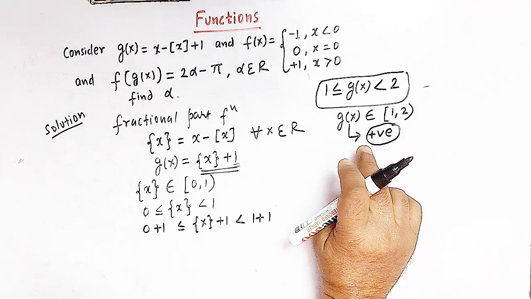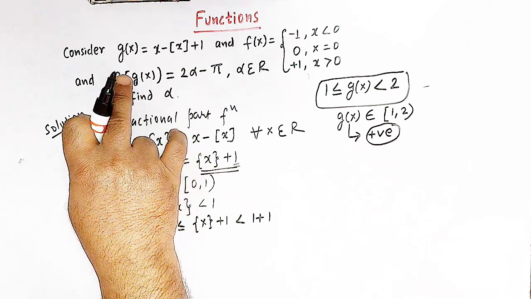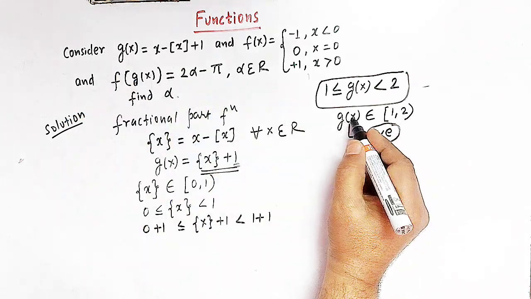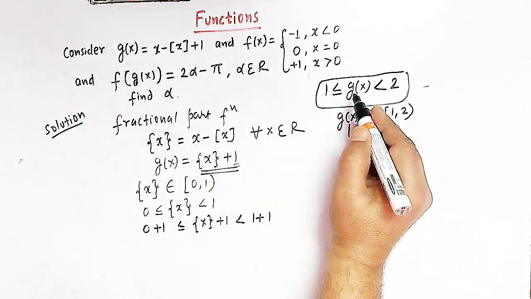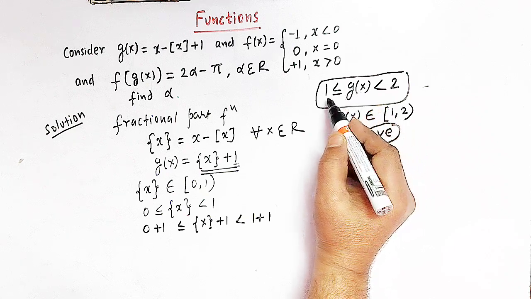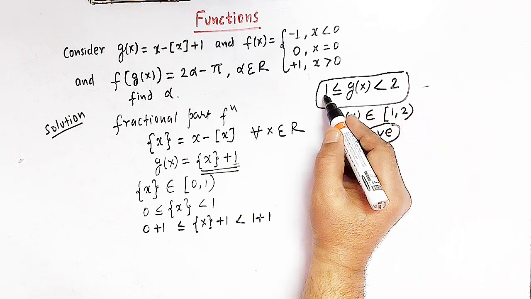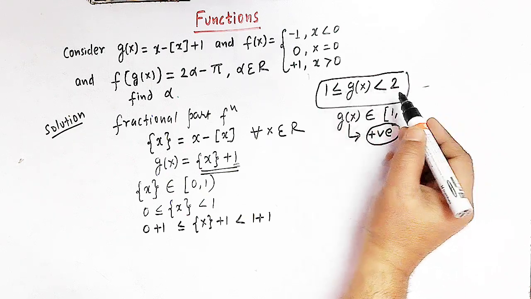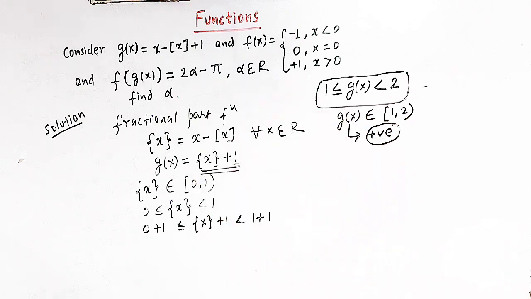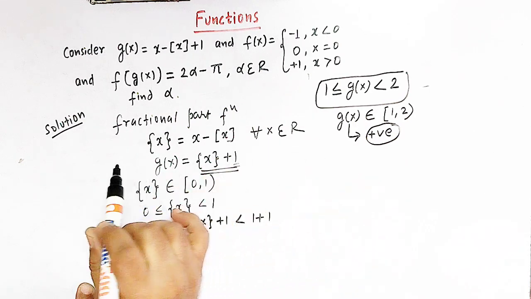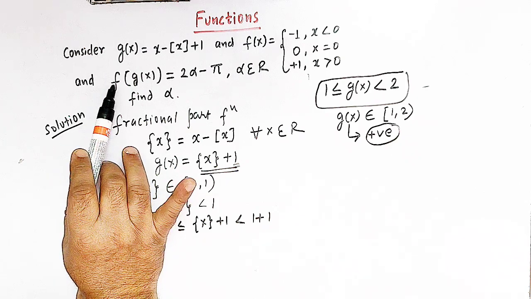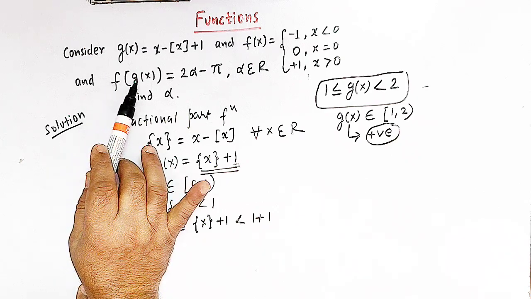This is an important point while solving this problem. So g of x must be positive, because g of x lies in the interval of positive numbers 1 and 2, where 1 is included. Now let us come to the composition of f and g.